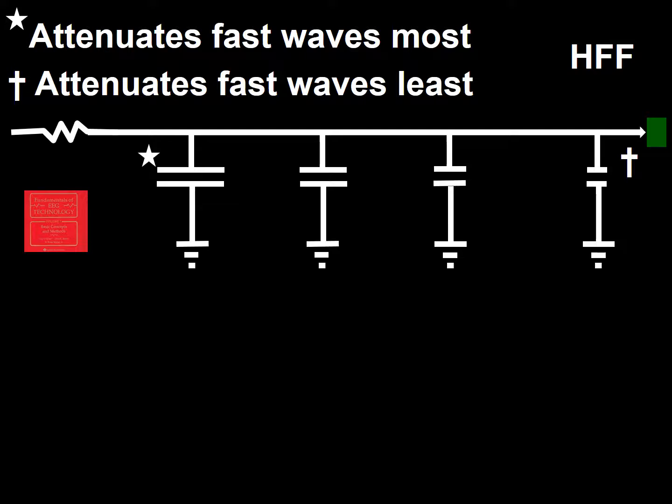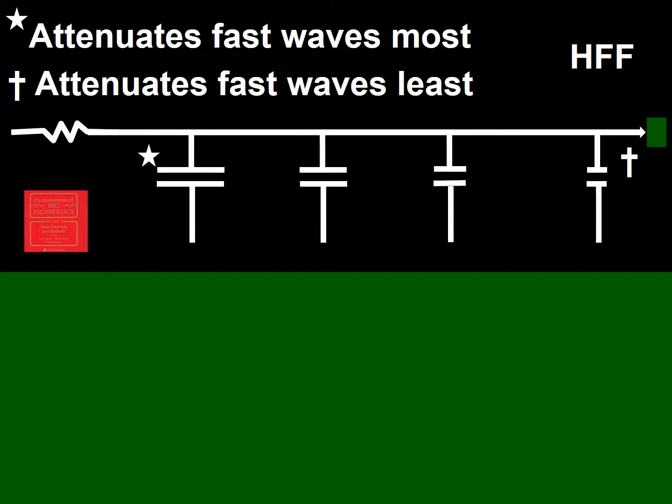Notice that at the end of the arrow, I have placed a green rectangle. It is this green rectangle that I am representing in the lower part of this frame. In it, I will introduce the fate of different size waves.